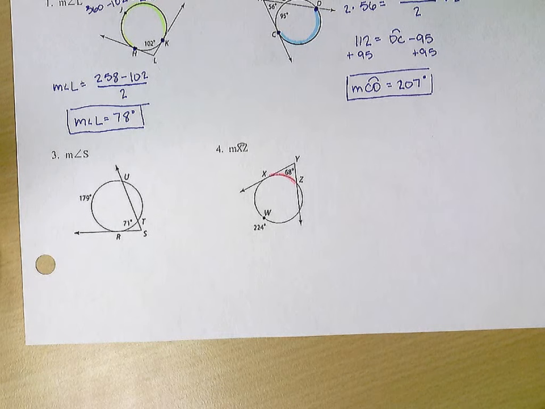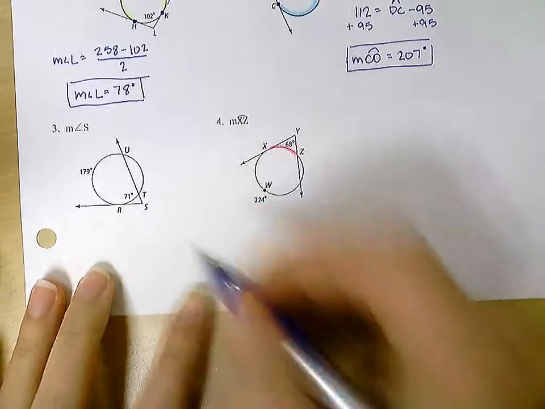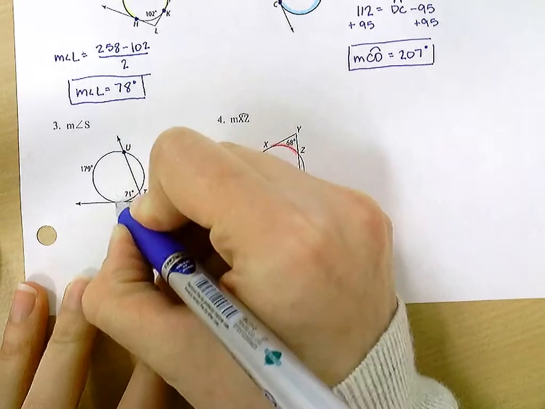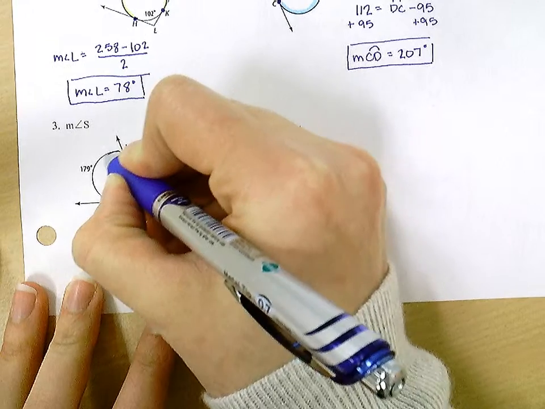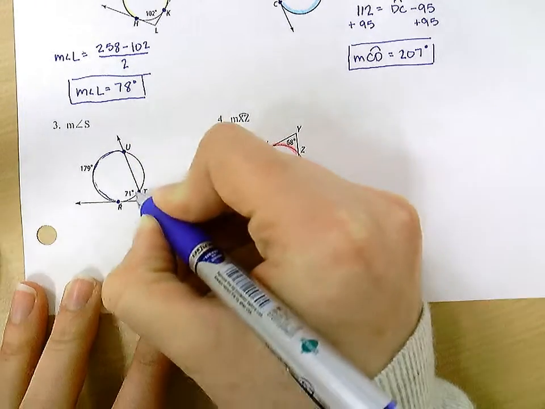All right, I'm gonna go over these two problems. So, number 3, you're solving for the measure of angle S. So that's this angle right here. So you want to look at your intercepted arcs. So that's this one right here, and this one RT right here.